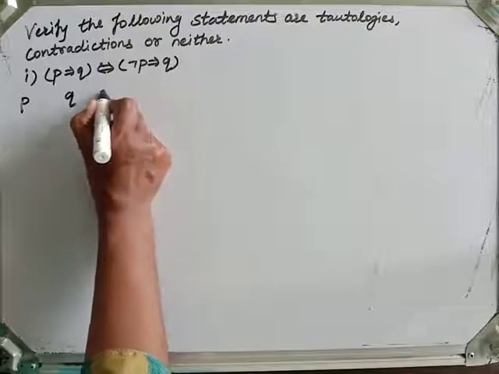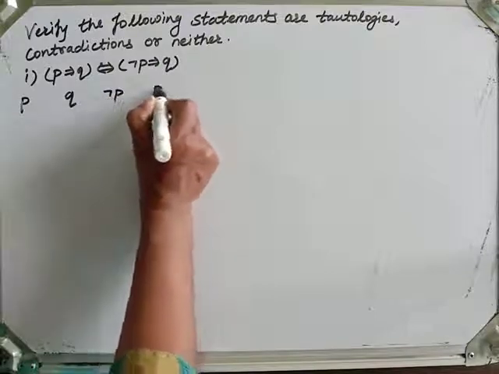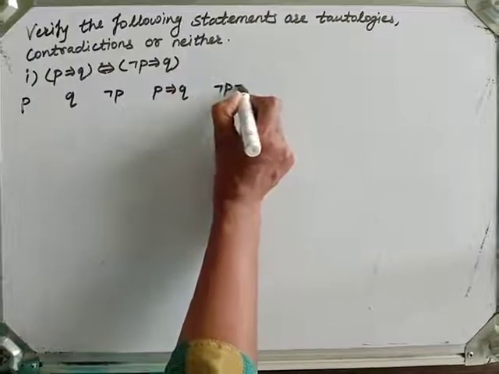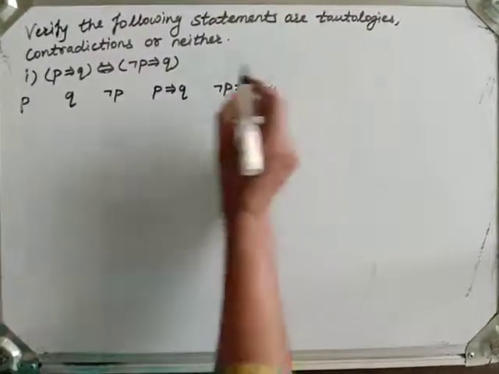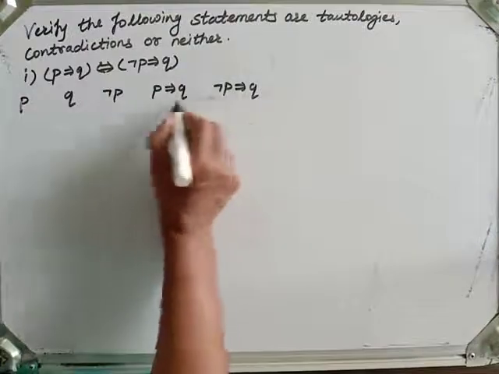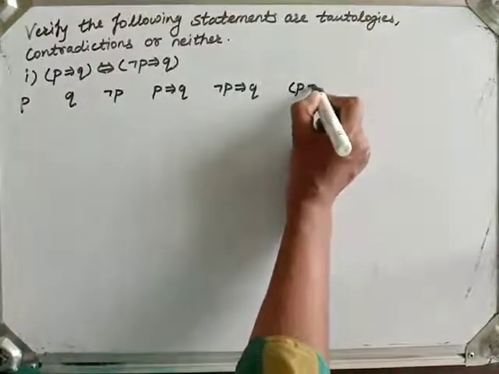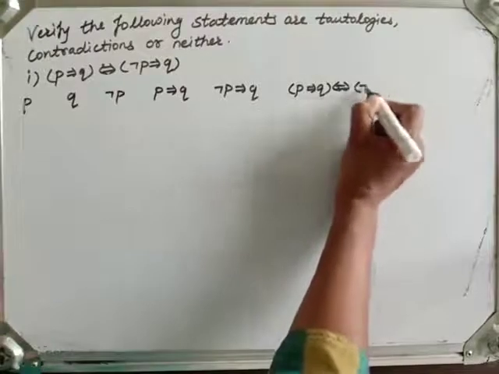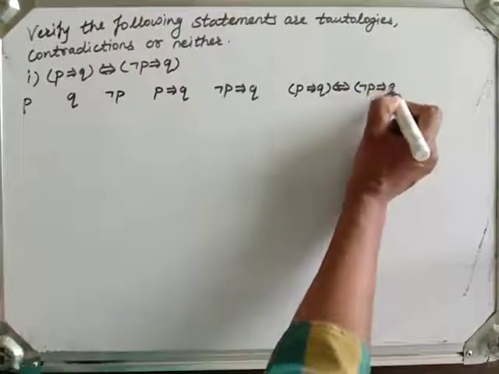We need negation P, then P implies Q, then negation P implies Q, and the last one is the double implication in between these.